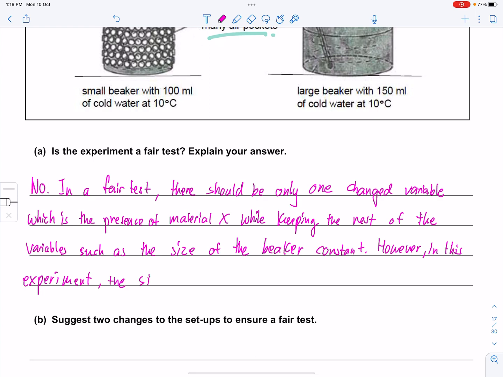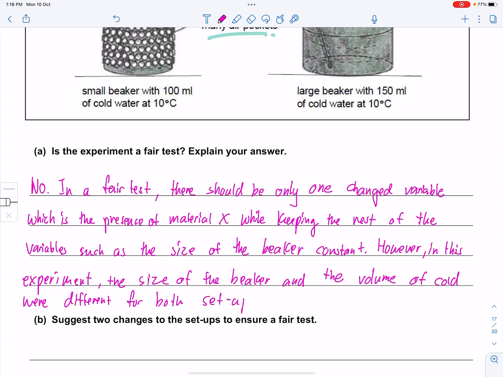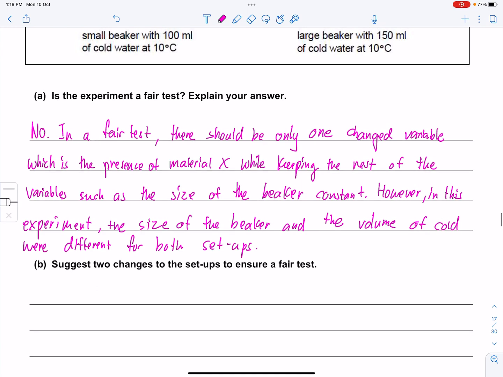The size of the beaker and the volume of water were different for both setups. Okay, so because of that, there is more than one change variable. There are multiple change variables.